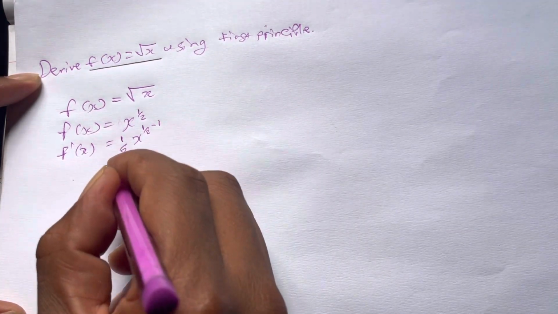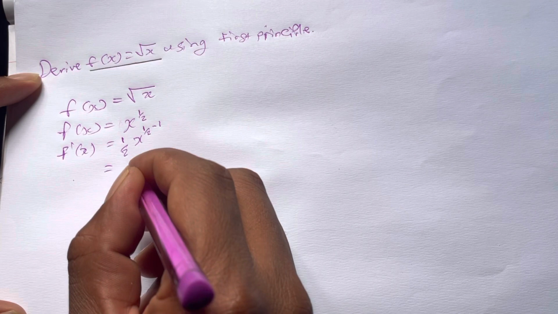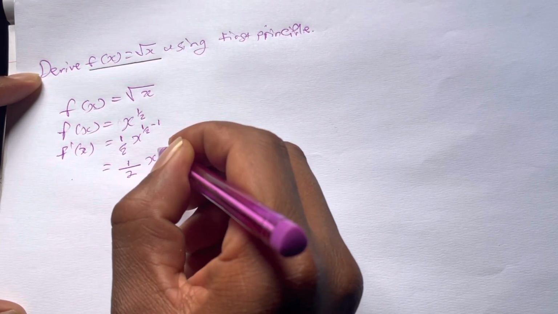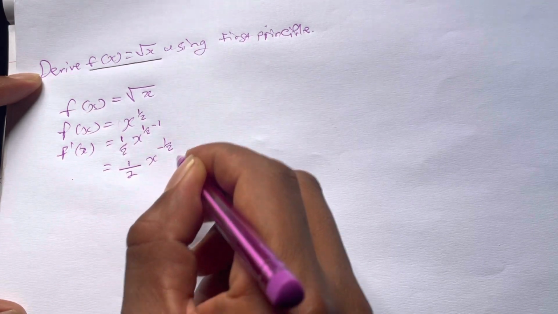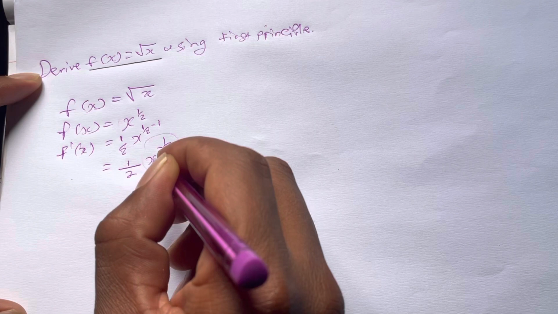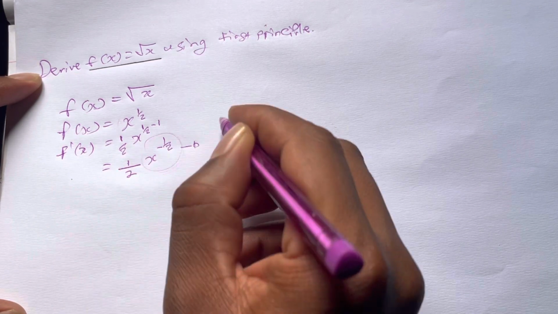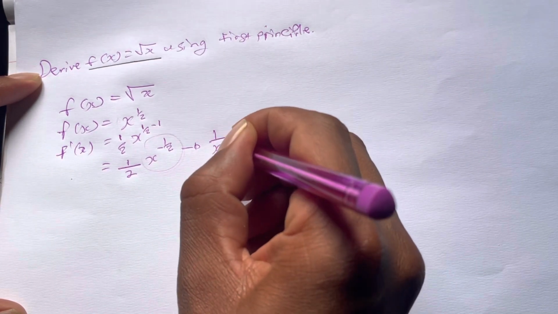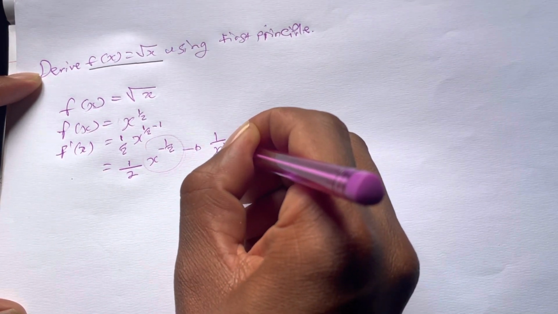Okay, and then from there we will have 1 over 2 x exponent negative 1 over 2. But negative exponents could be written as, like, this one for instance could be written as 1 over x exponent 1 over 2, right?